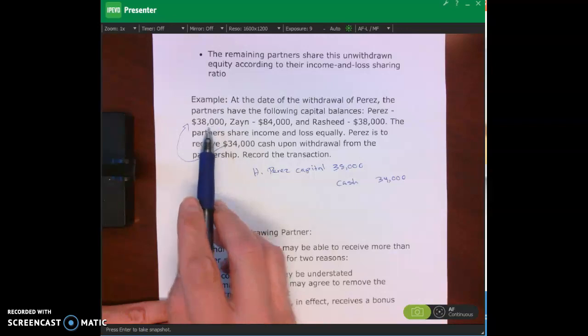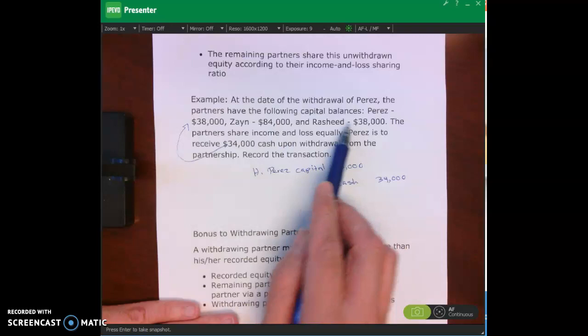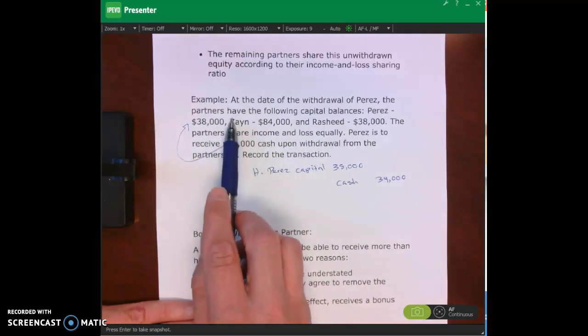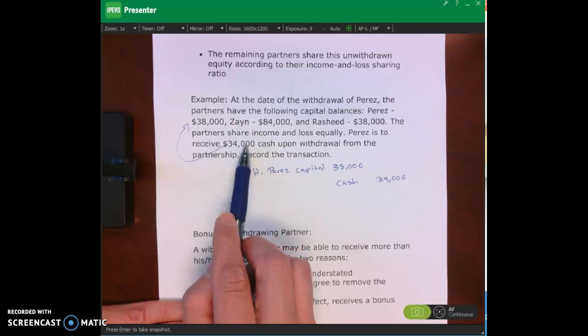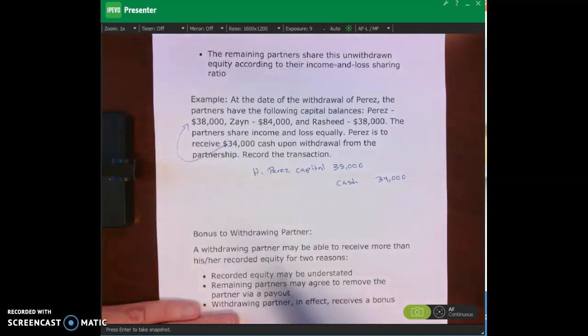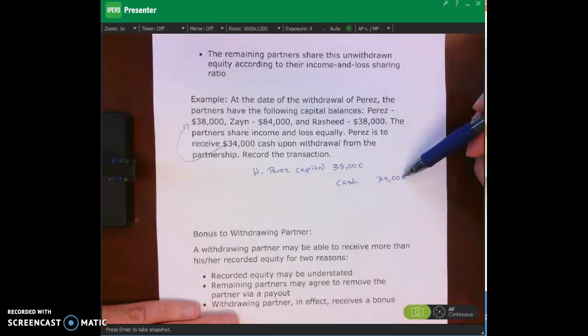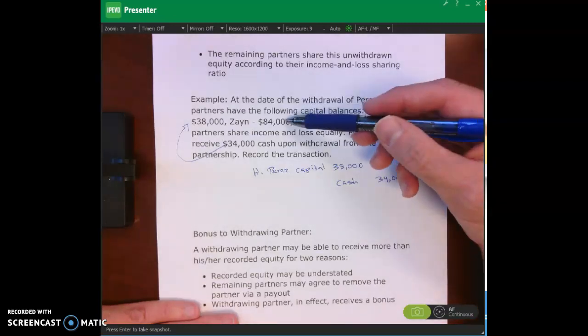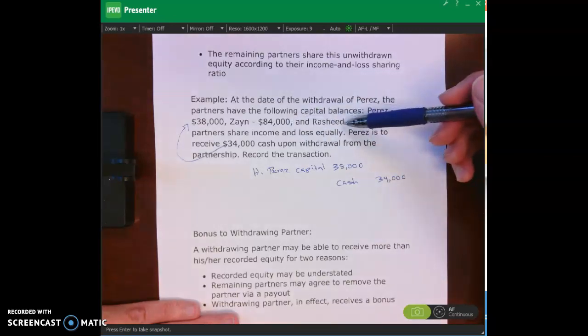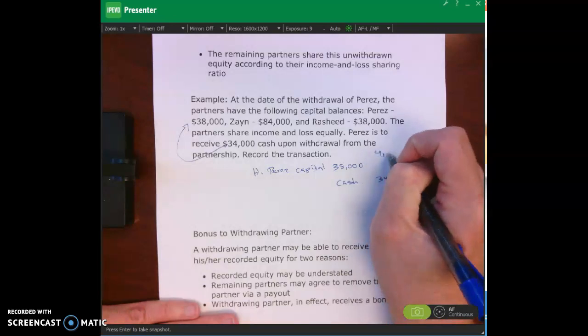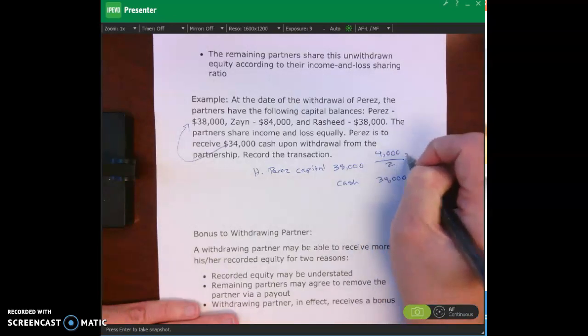In that situation, the existing partners share in the difference between the equity and the assets taken out. That $4,000 difference will be shared equally between Kayla and Rashid.